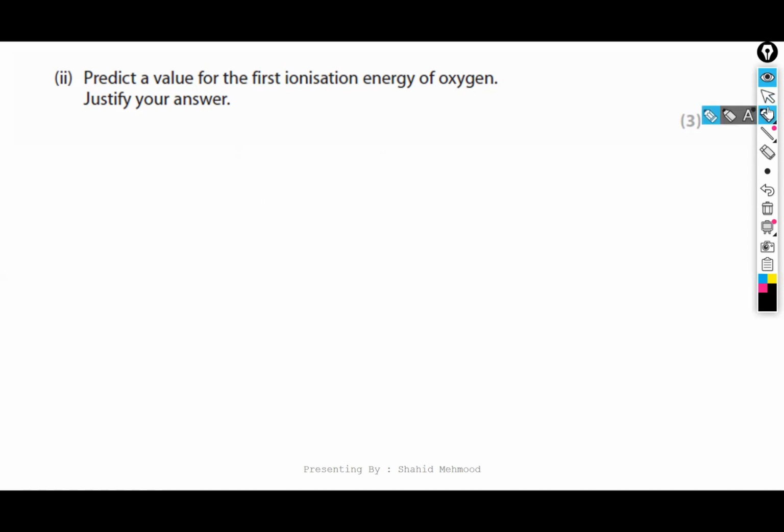If you remember, we studied before that group 1 energy is lower than group 2, but then group 3 energy is also lower than group 2, then it increases at group 4, then group 5, then group 6, then group 7, and then group 8. Like the zero group, noble gases have the highest first ionization energy, while group 1 has the lowest ionization energy.